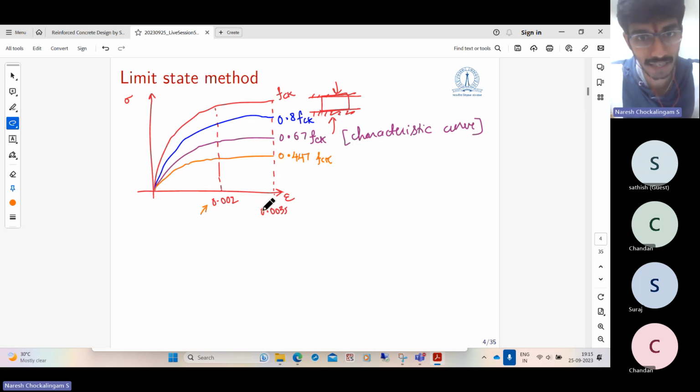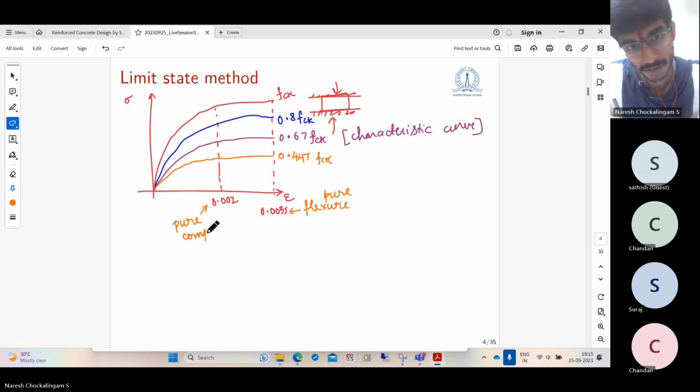If it is under pure flexure, we are allowed to go up to an ultimate compressive strain of 0.0035. So this is the pure flexure limit, and this is the pure compression limit. So this is for the case of axially loaded columns, and this is for pure bending.